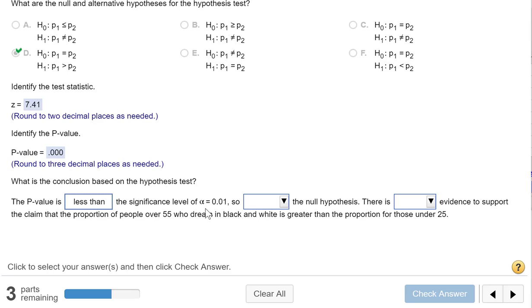It's defined by alpha, also called the significance level. So we're going to reject the null hypothesis. Look back at the null: the null says they're equal. It's very unlikely these two are equal. There is strong, or sufficient, evidence here. Sometimes I'll even qualify that with a test statistic this large, to support the claim that the proportion of people over 55 who dream in black and white is greater than the proportion of those under 25.